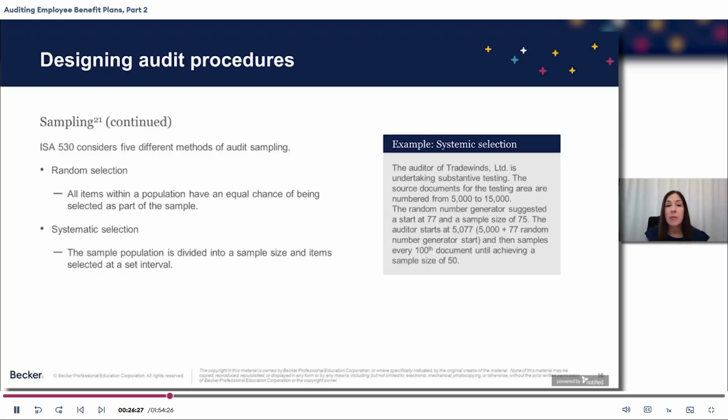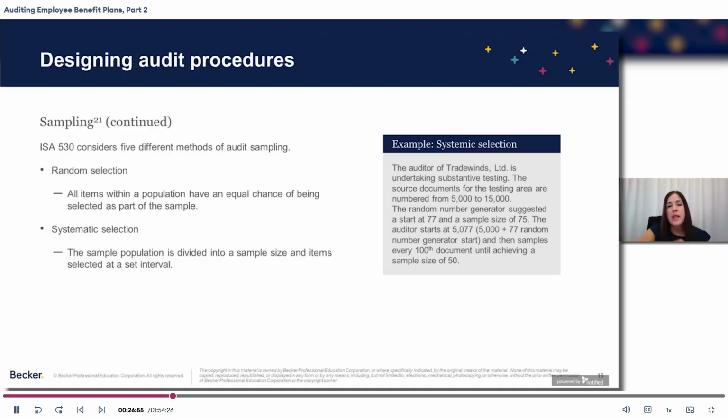Random is a very popular selection method for all types of audits. Systematic is also a very popular type of selection method. And basically what they do with systematic is items are selected at specific intervals. So maybe every 20th item is selected.